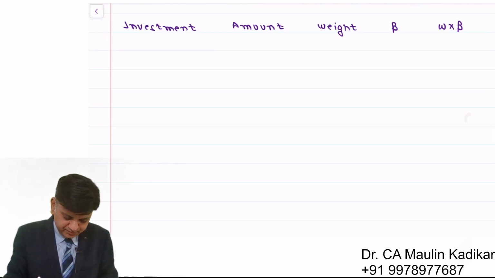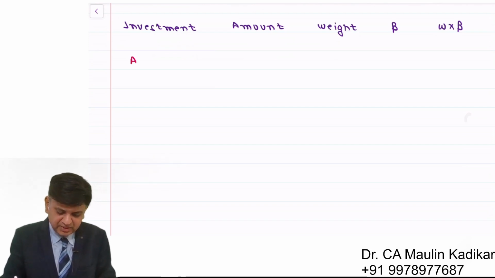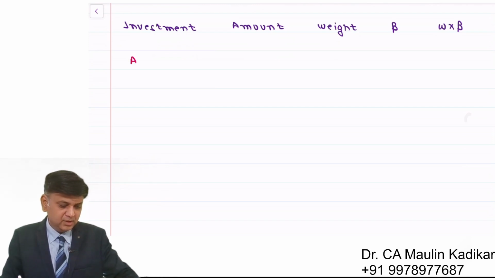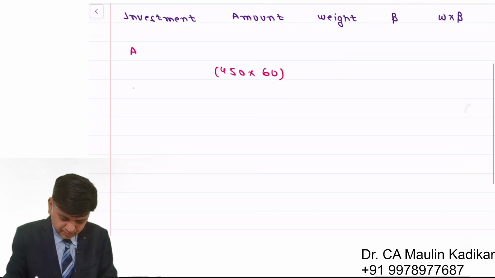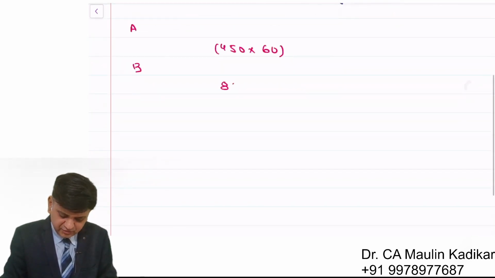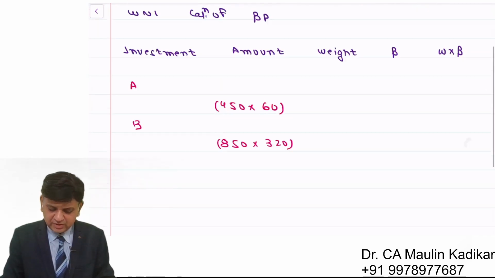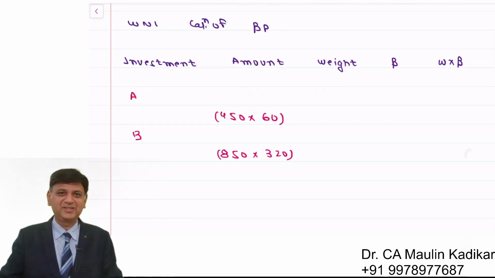So over here, investment is made in security A. We have made investment in 450 shares and market price of the share is 60. B security, investment is made in 850 shares and market price of the share is 320. And so on, we are required to make further calculation.